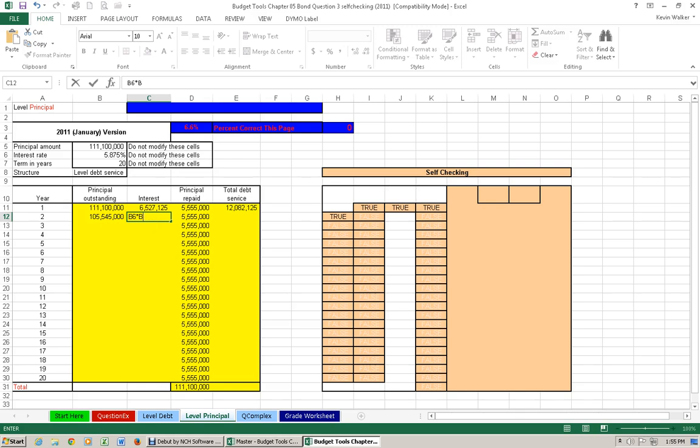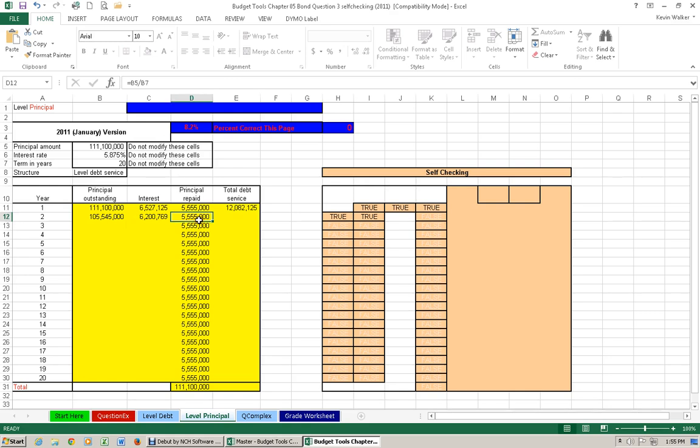All right, make sure I get the right number here. No, it's still B6, that's right. I got it backwards here. B12, which is that number, B12 times B6. Oh, yeah, and held to the equation. All right.